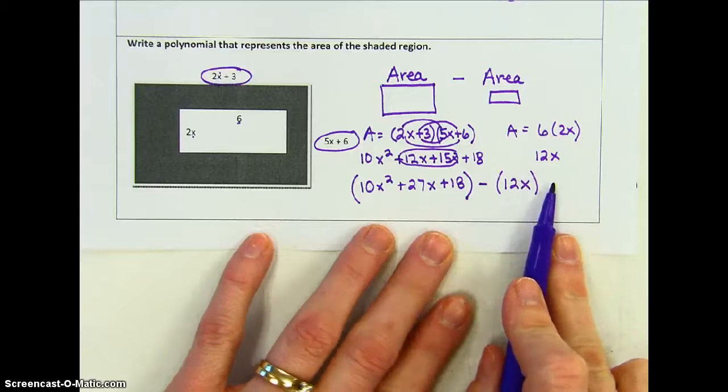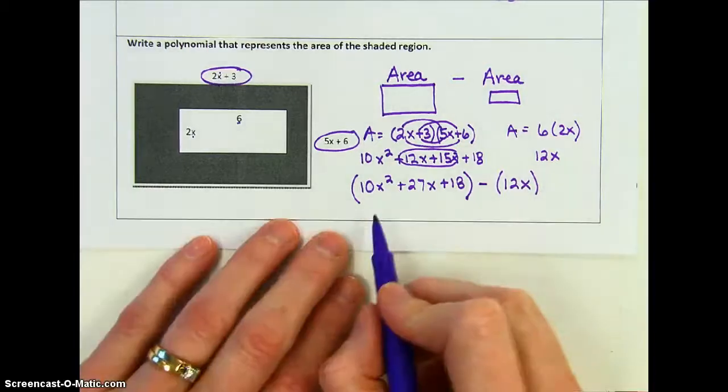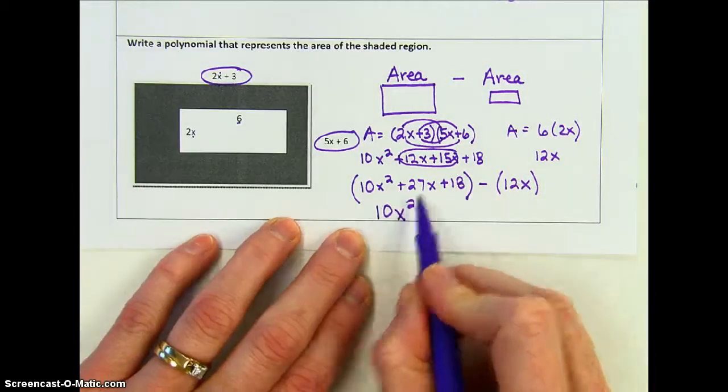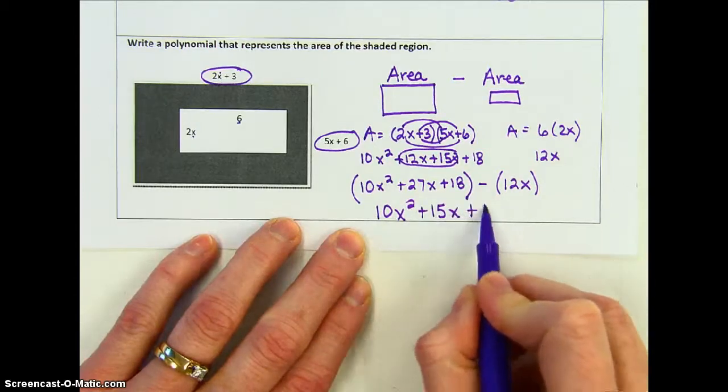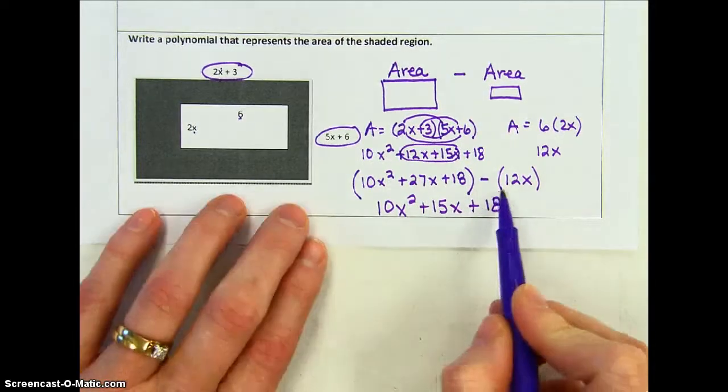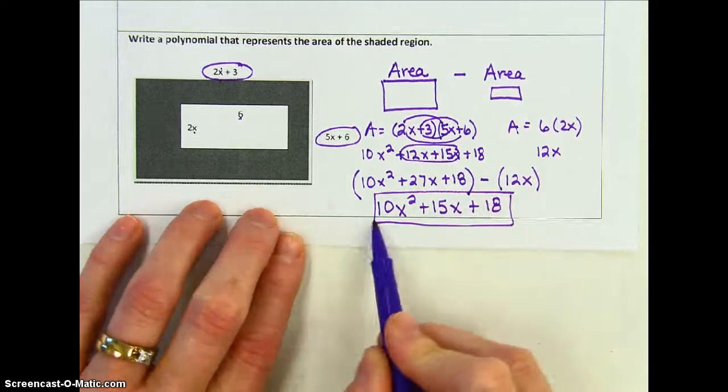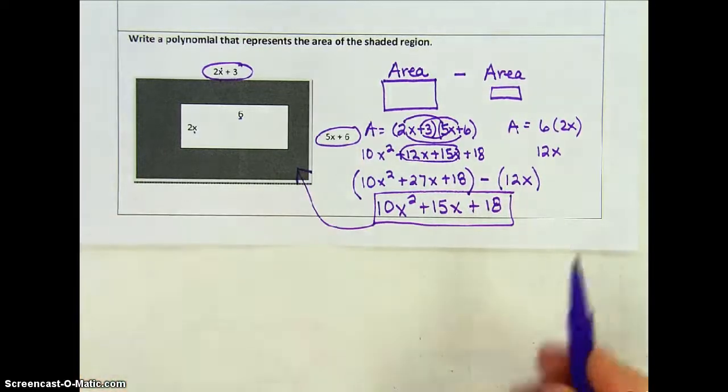In this case, it doesn't make that big of a deal. So we would now say 10x squared, we would take away the 12x, that'll give us 15x plus 18. That is the area expression for the shaded region.